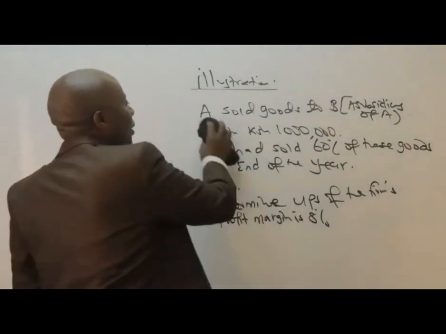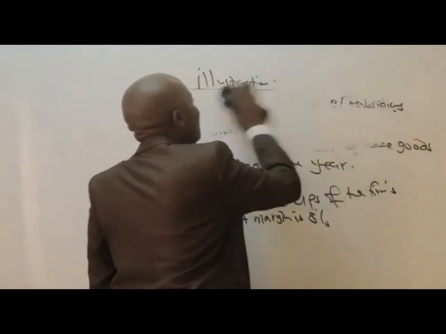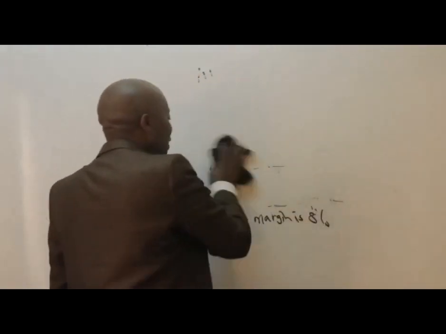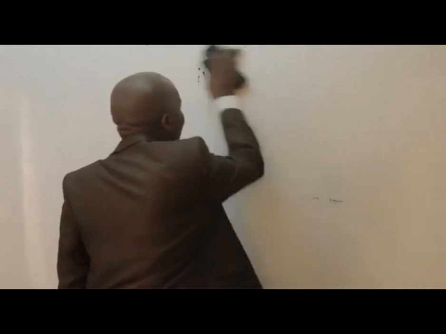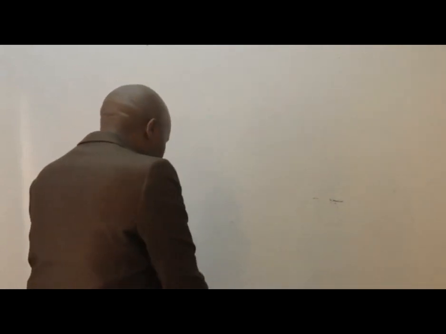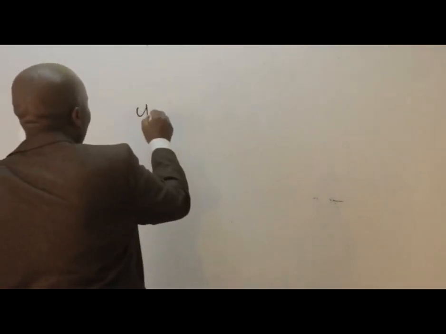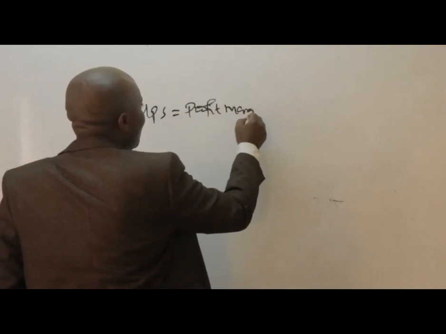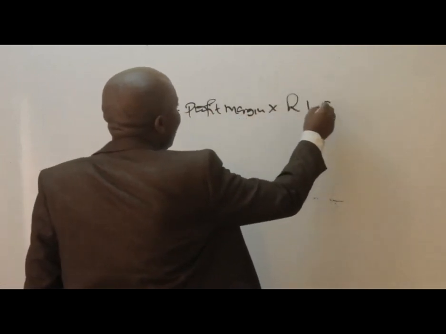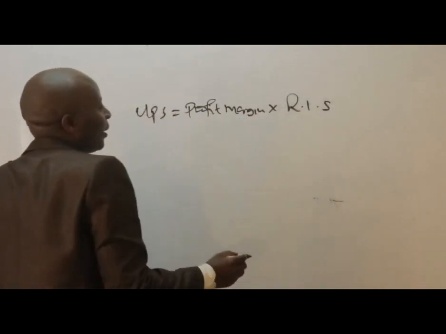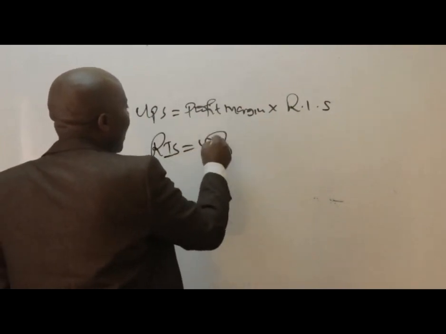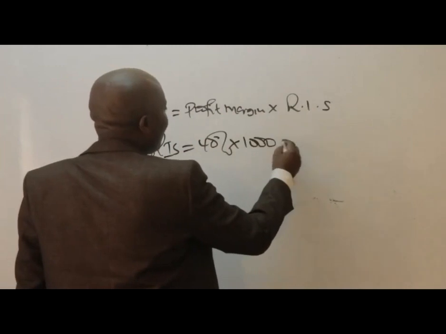Yes. So remember here that UPS is always pegged on remaining intra-sales. For us to get UPS, we shall take the profit margin times the remaining intra-sales. So remaining intra-sales is 40% of 1 million.